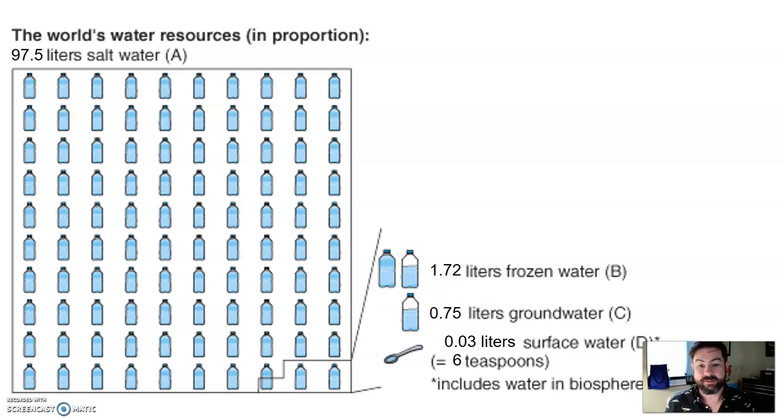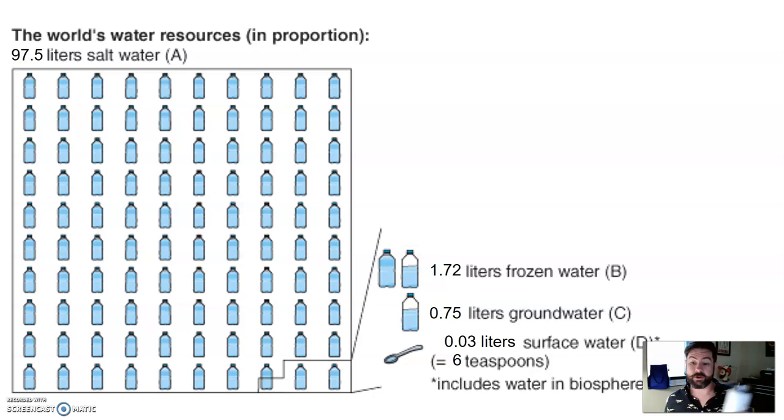Can't do anything with that. About a third of one bottle, 0.75 of a bottle, would be groundwater, and of all the surface water, it represents 0.03 liters, 6 teaspoons. That's 2 tablespoons. If we had 100 liters of water, 2 little tablespoons, which is barely a sip of water, is surface water.